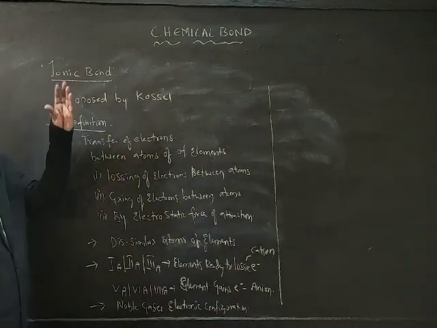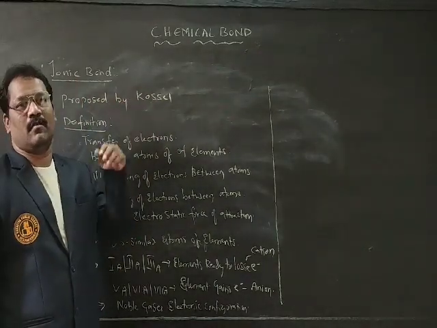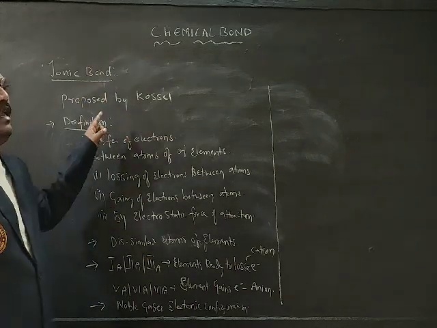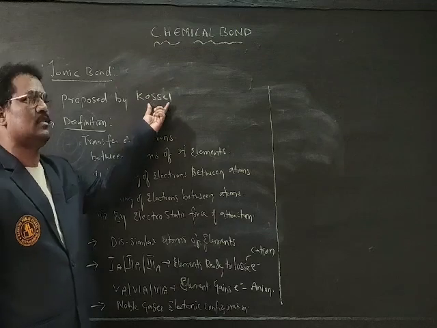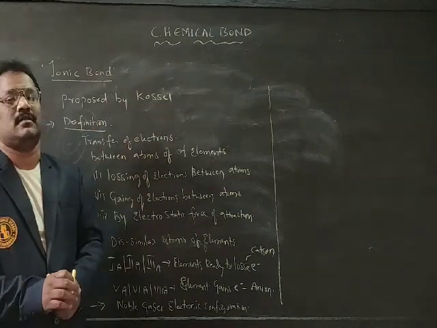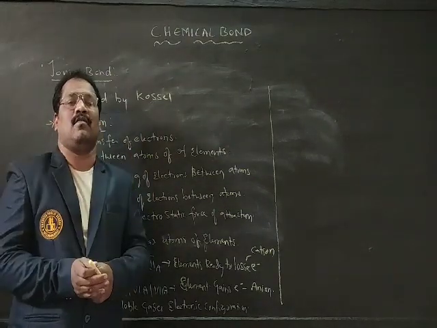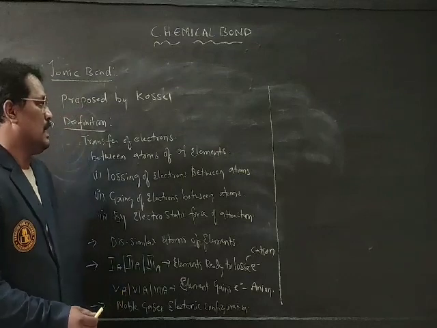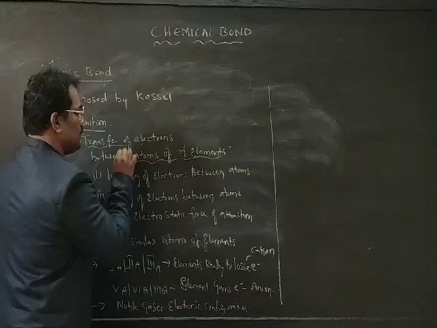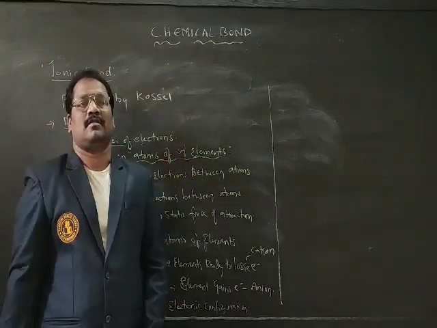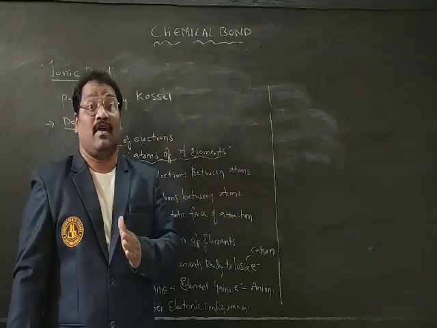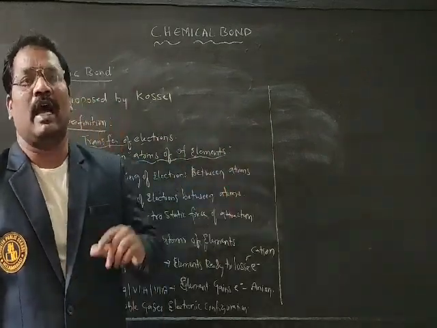Now coming to ionic bond. What is ionic bond? It was proposed by Kossel, and the definition is that this ionic bond is formed by transferring of electrons between atoms of elements. Between two elements, electrons can be transferred from one atom to another atom.